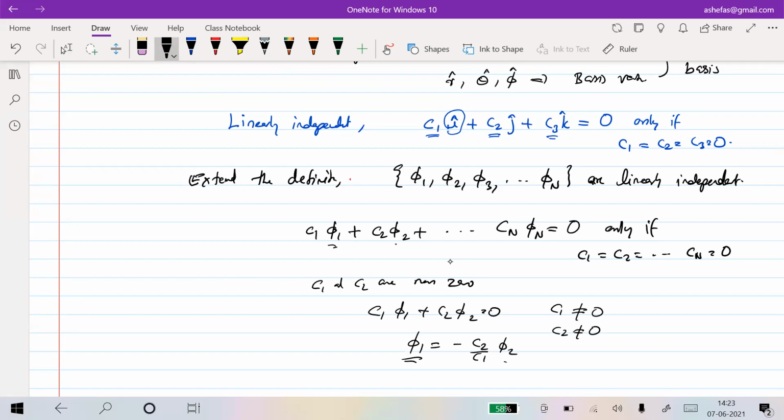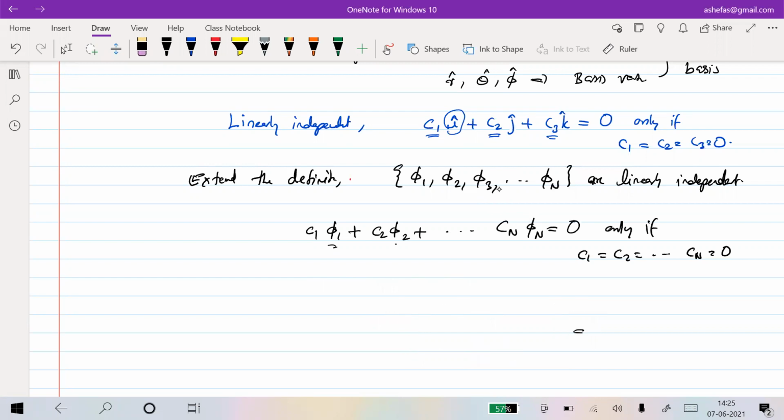I can express phi1 in terms of phi2 if their coefficients are non-zero. So the vectors are linearly independent if the linear combination is 0 only if their coefficients are 0. That is the condition for linear independence.